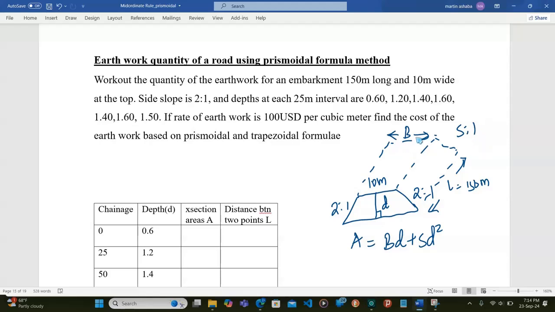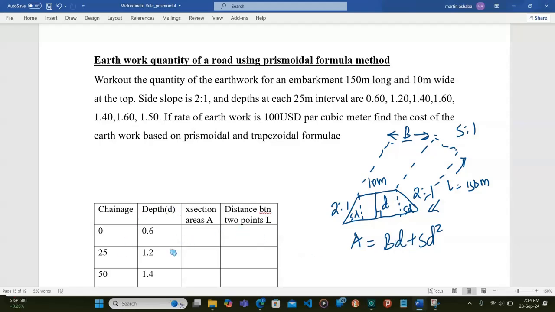If slope is given as S to 1, that means horizontal it is S and vertical it is 1. So here this is SD, this is SD. If you use the trapezium, you'll come up with such an expression. So for each of the cross sections of these embankment sections, we are going to be using this formula.